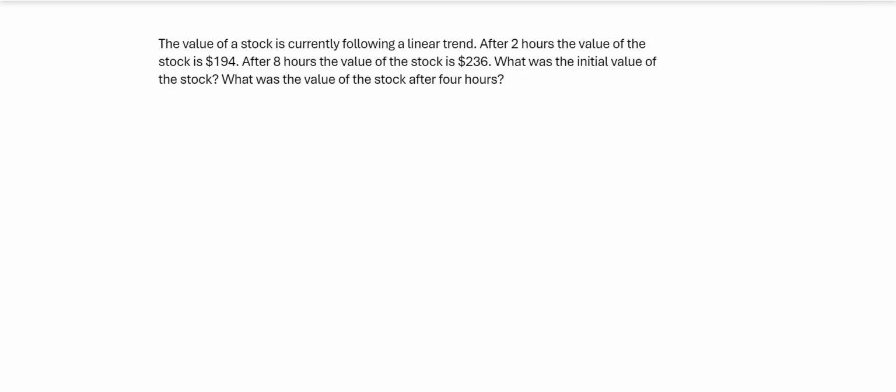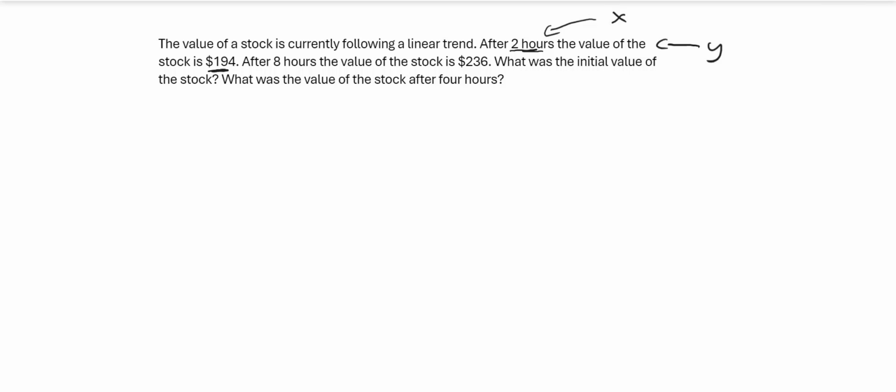Alright, so the most important bits of information here are after 2 hours and the value of the stock. So the hours since our initial time can be our x value, and the value of the stock would be our y value.